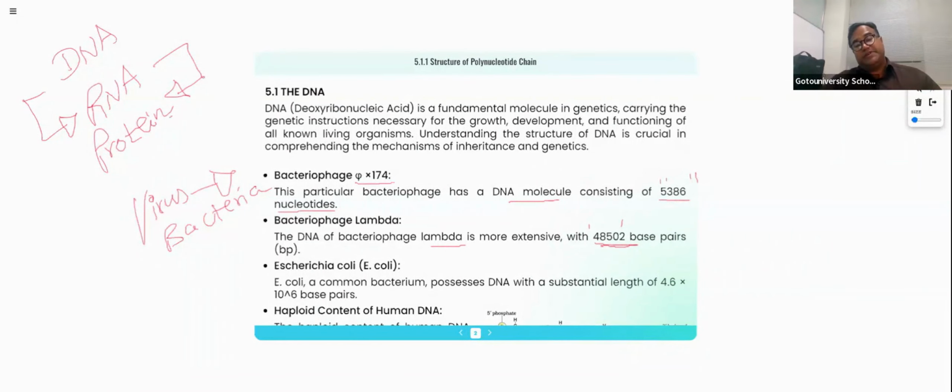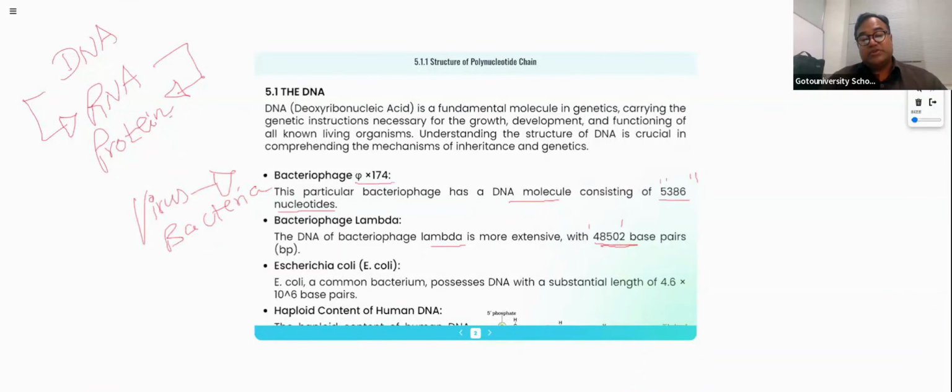So when I say base pair of the nucleotide or base pair of the DNA, everything is the same. Instead of saying 5386 nucleotides, I can say this many base pairs are there. So you should be very careful in saying all these terms.